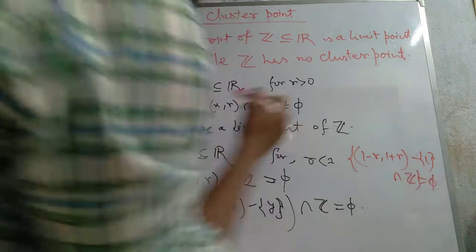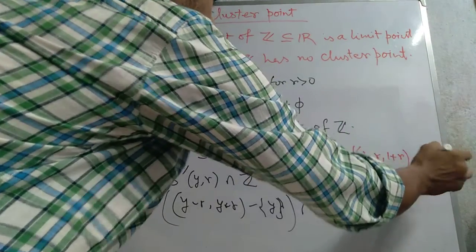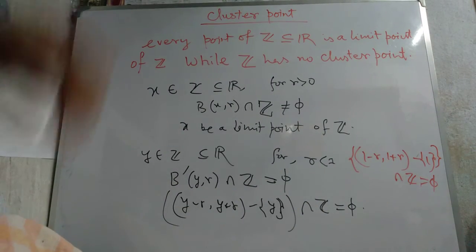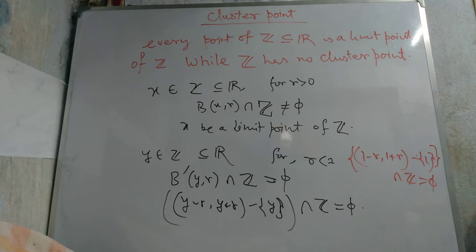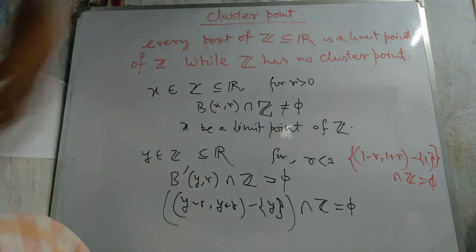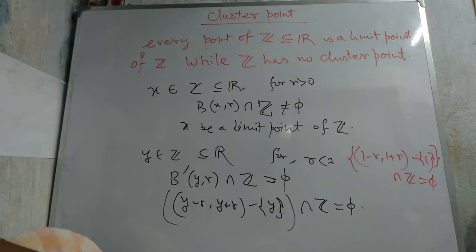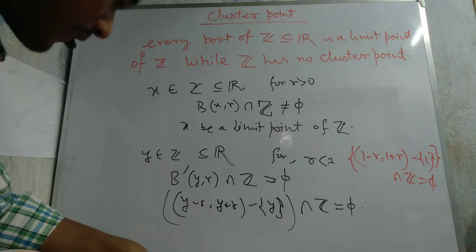So we all understand this, I think. Then if X is arbitrary, every point of Z is a limit point of Z, while no point of Z is a cluster point.